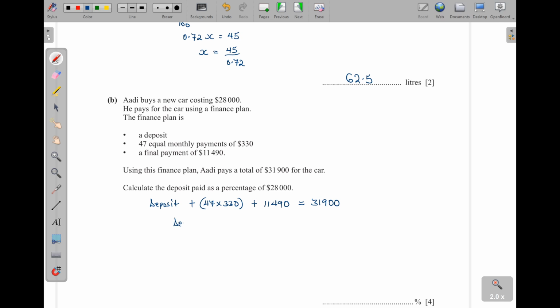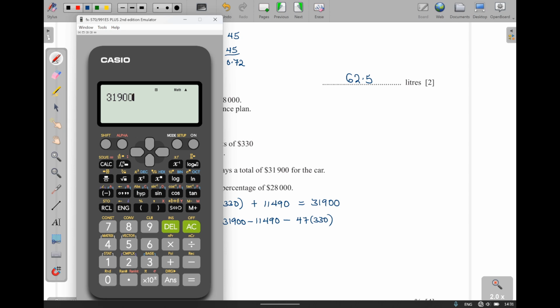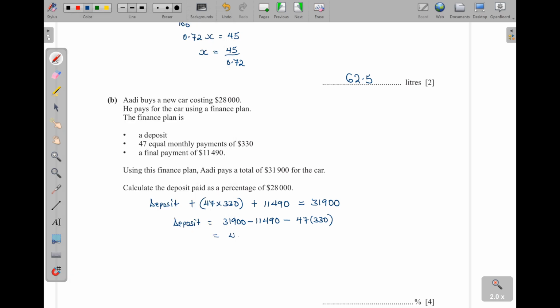So that means the deposit, making it the subject of the formula, is going to be equal to 31900, we subtract 11490, and we subtract 47 times 330. And this gives us 4900. So that is $4,900.